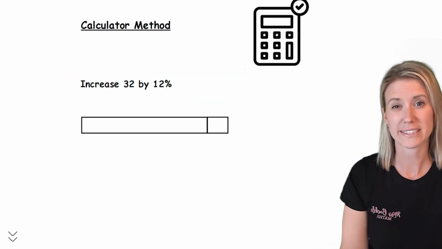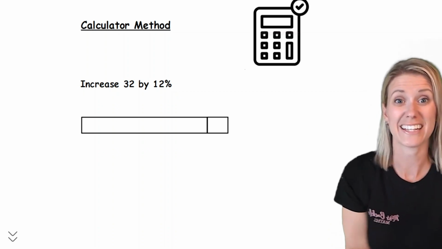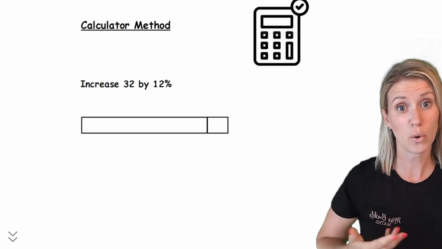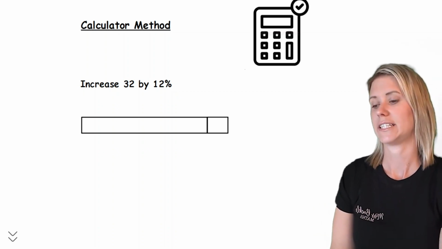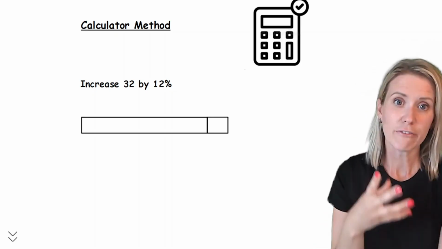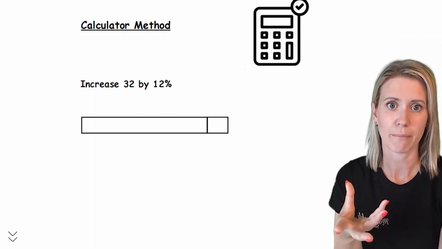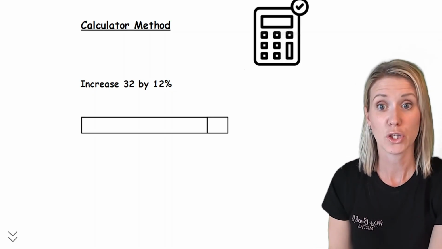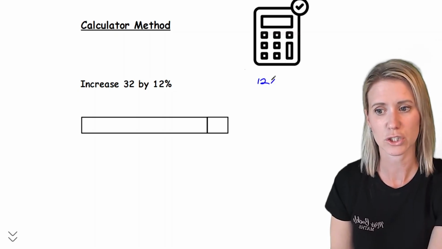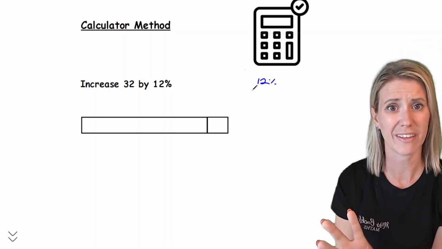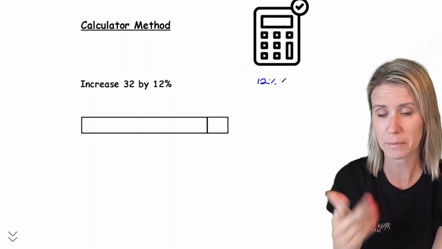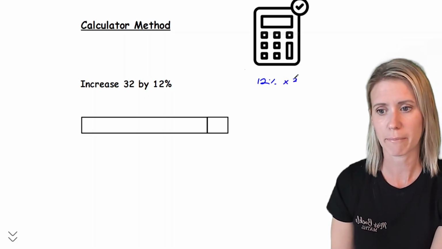Now let's go on to see how we're going to do this in a calculator way, and it's slightly different, but quicker. Increase 32 by 12%. Now, if I wanted to find 12% of a number, which I cover in a different video, you would simply type into your calculator 12% in one form or another. That could be a fraction, a decimal, or the percentage, and you would multiply it by 32.